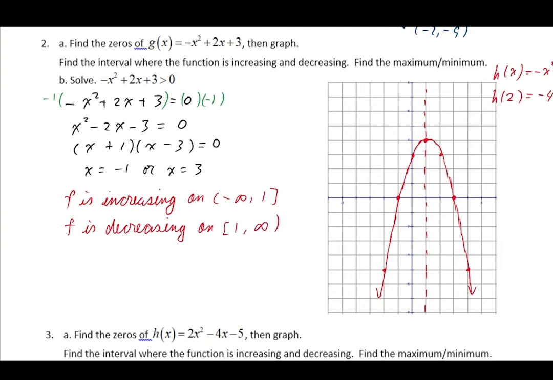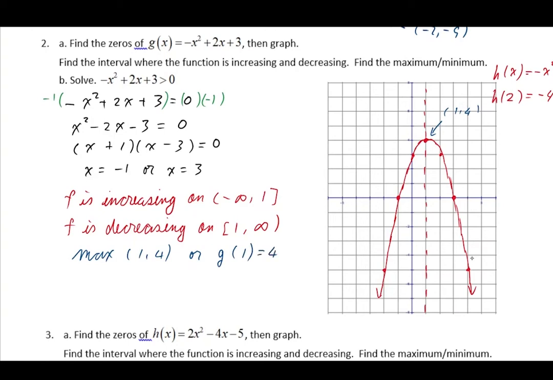Okay. Now, therefore, we are going to have a maximum now. This point right there is my maximum, which is 1, 4. So we have max at 1, 4. Or we write it like this. Oh, my function is called g. G of 1 is equal to 4.